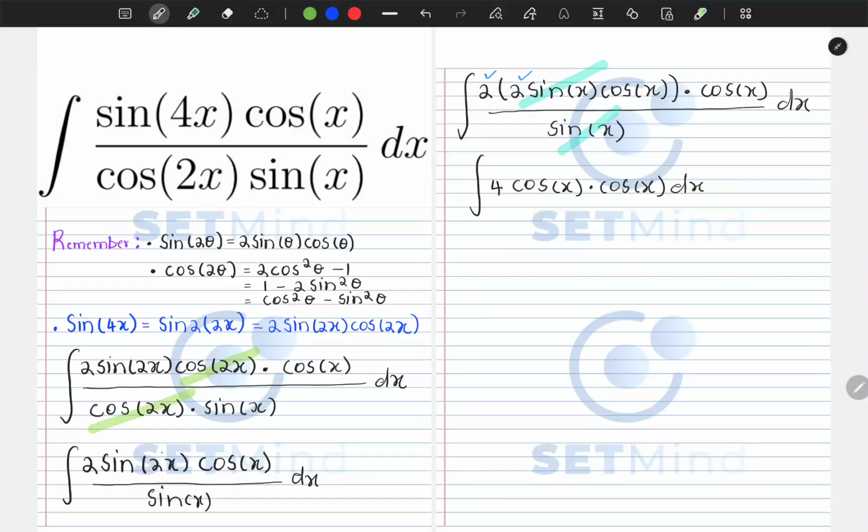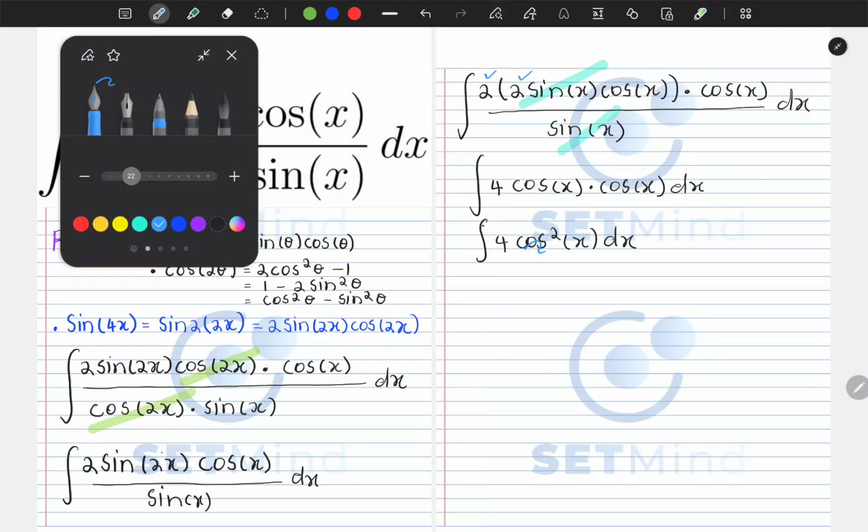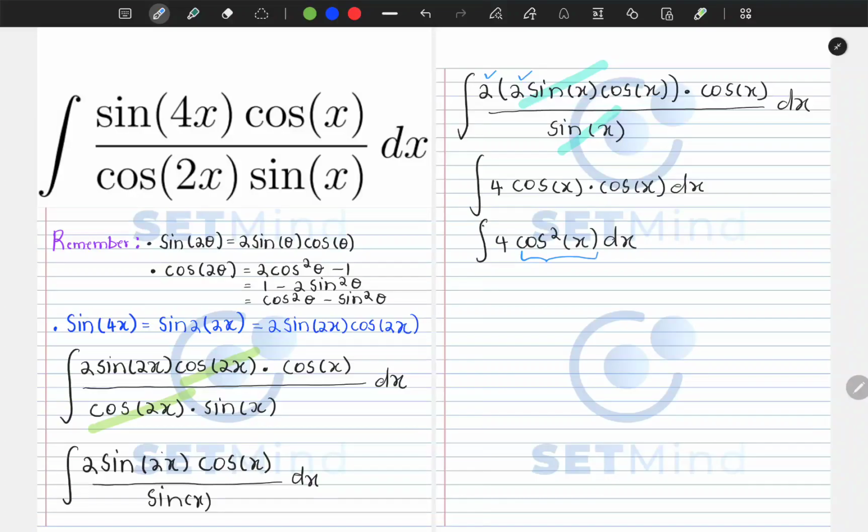So essentially this just becomes the integral of 4 cos squared of x dx. But what do we know? Well, performing the integral of cos squared x is not easy. So how can we write cos squared x in terms of its double angle?